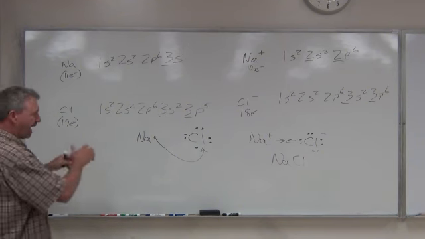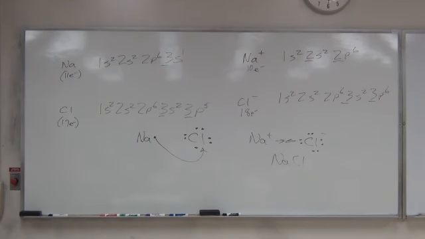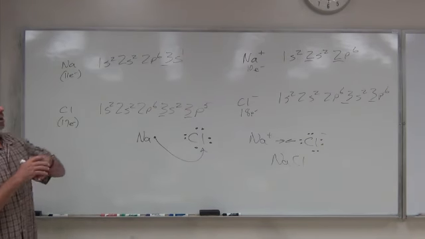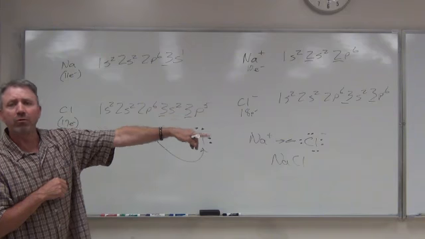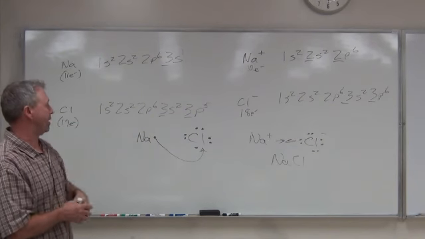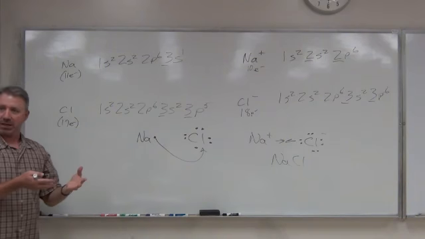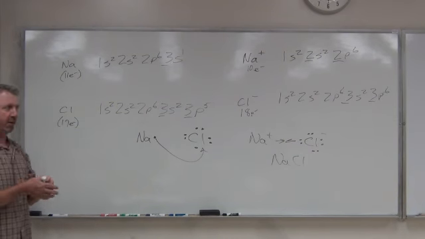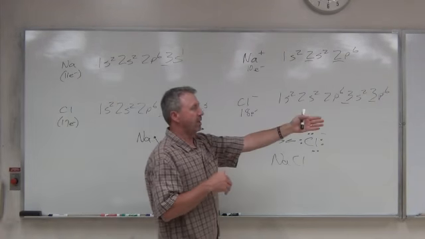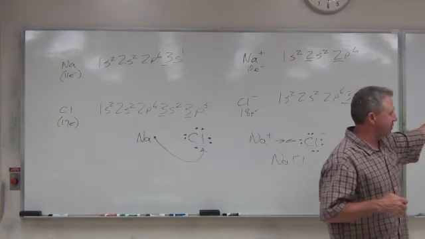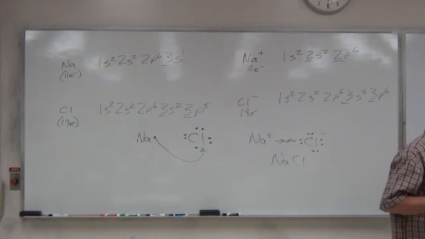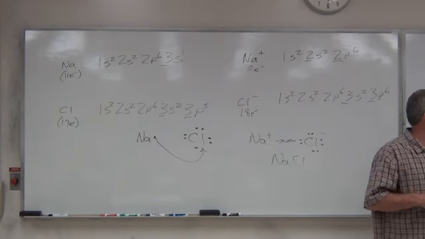So, how do we write formulas for these ionic compounds? We know that group numbers tell us a valence configuration, and that once we know that, we can make predictions about what the oxidation states of those elements are going to be. So, group number 1 are going to be +1s, group number 2s are going to be +2. We're going to skip the transition series for now.